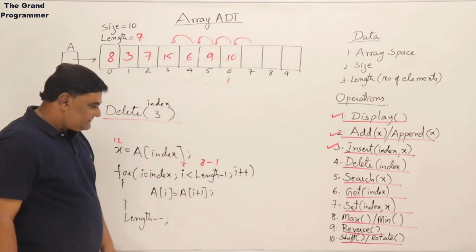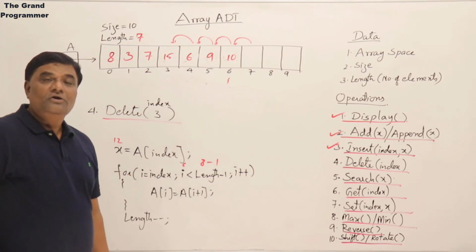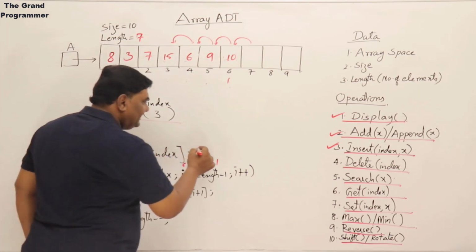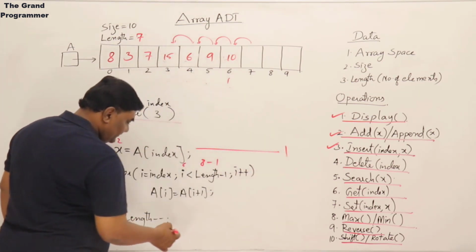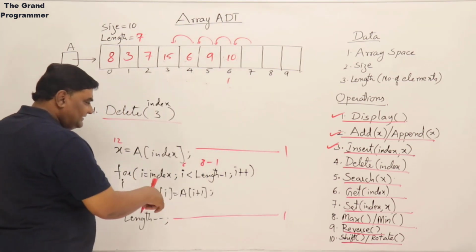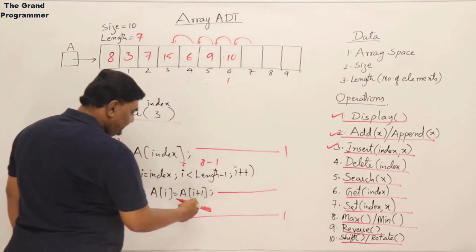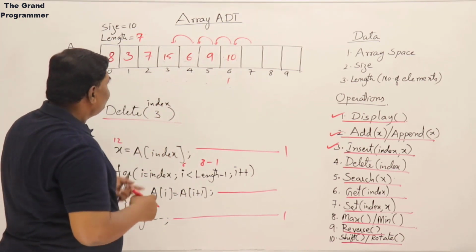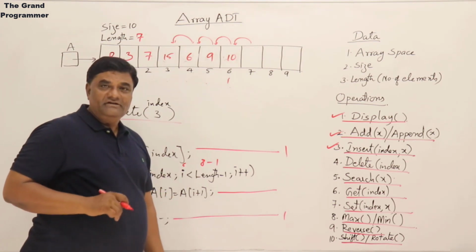Now let us analyze how much work is done here. What is the time complexity? See, copying the element from a given index takes 1 unit of time, and decrementing length takes 1 unit of time. And this loop, the statement that is shifting the elements, how many elements are shifted? It depends on what index I have given.